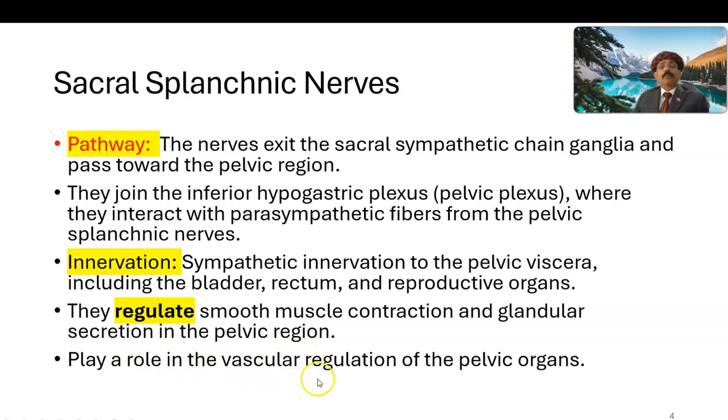They play a role in the vascular regulation of the pelvic organs. Sympathetic fibers usually cause vasoconstriction.